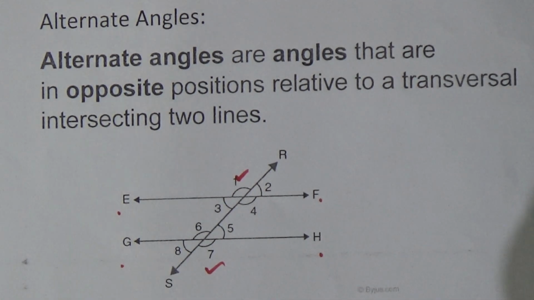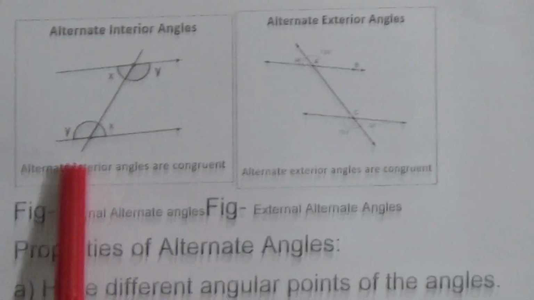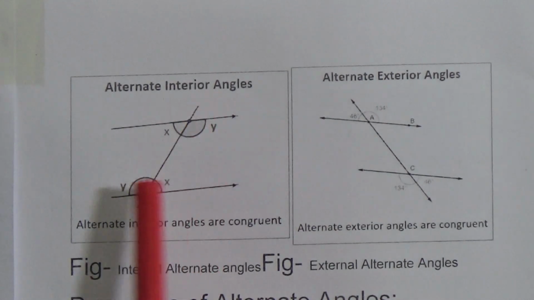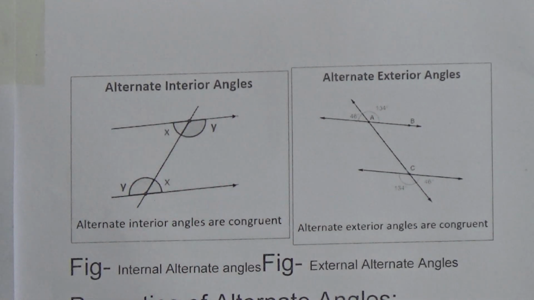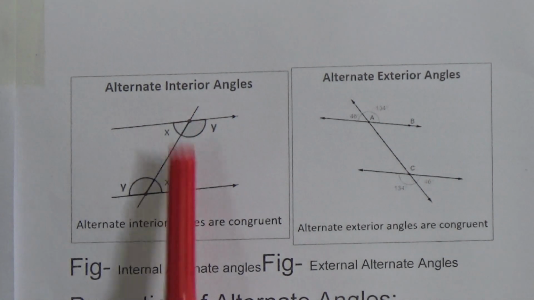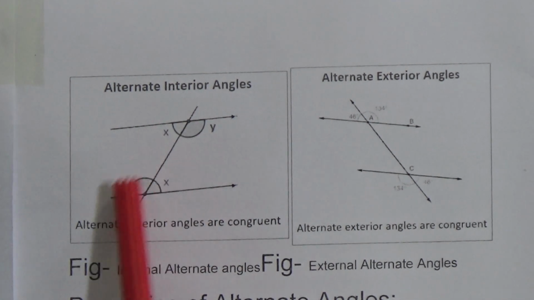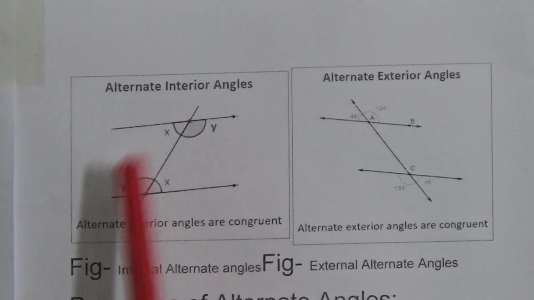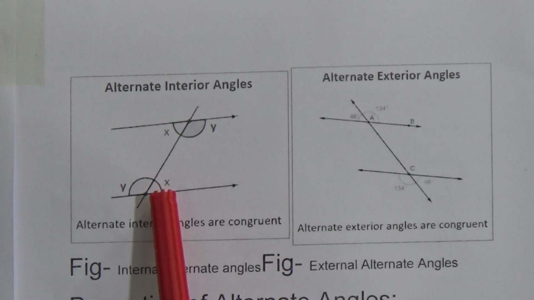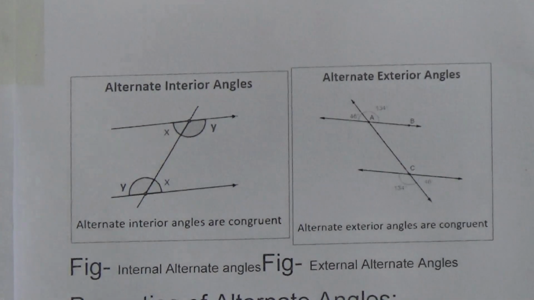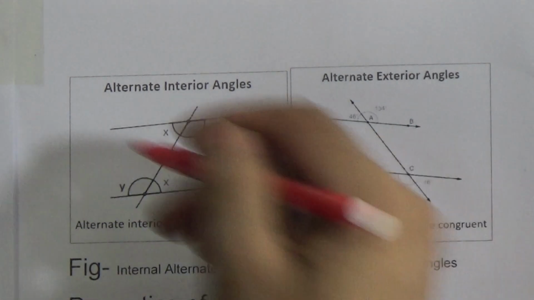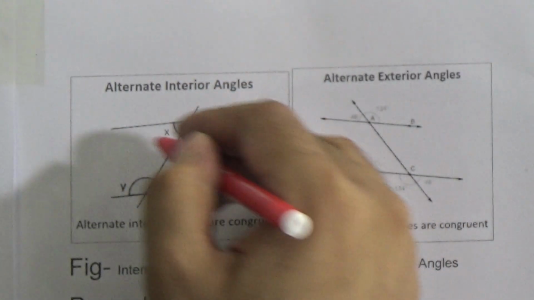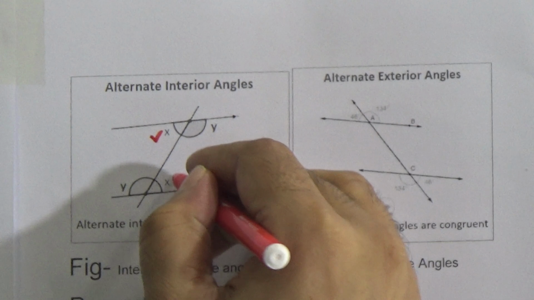Now, if you see the next figure here, in the first figure, the angles whose position is between the two straight lines are known as internal or interior alternate angles. Suppose here is this angle and this angle.